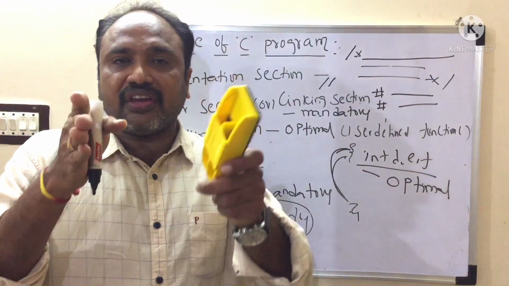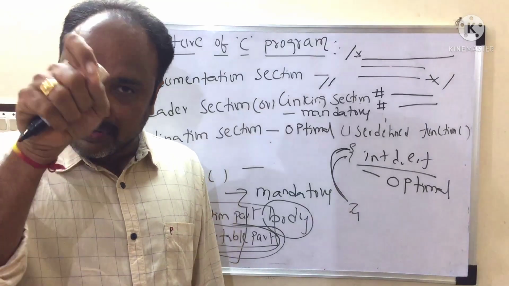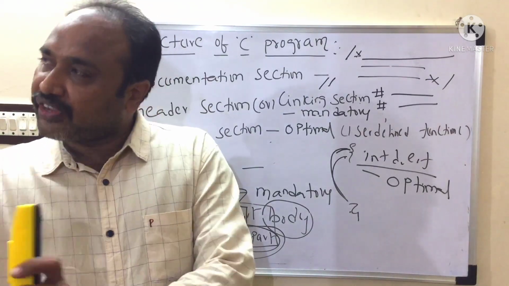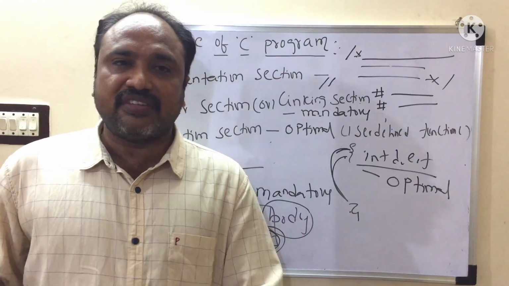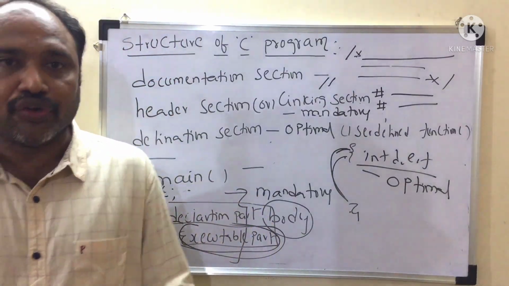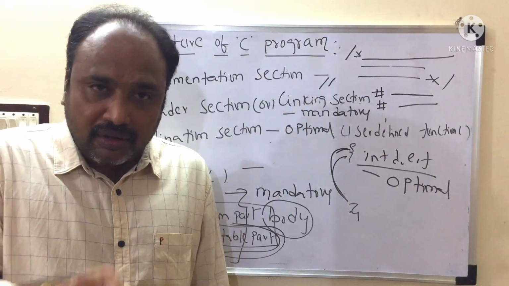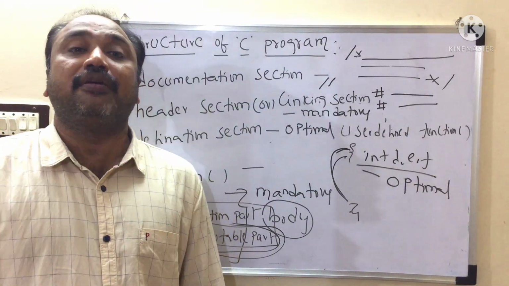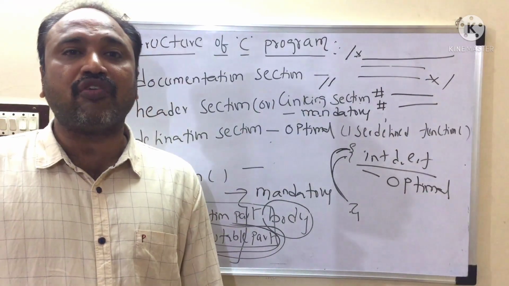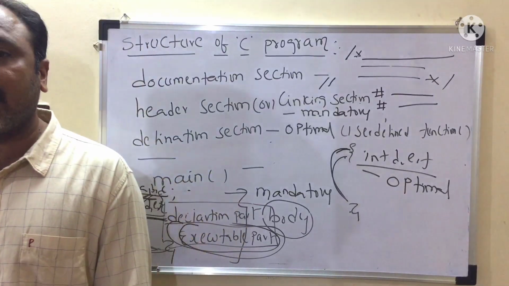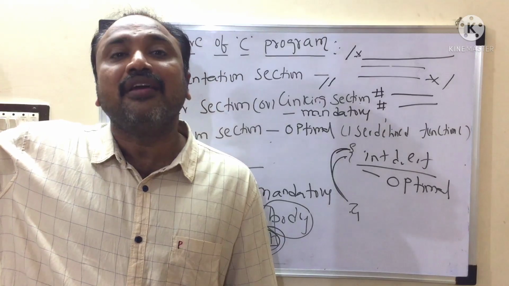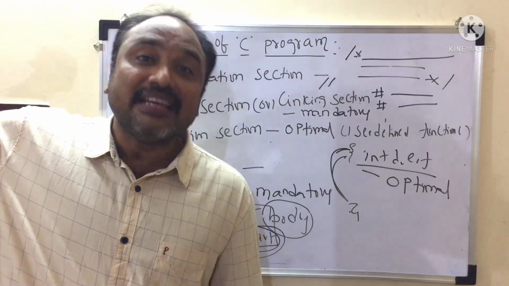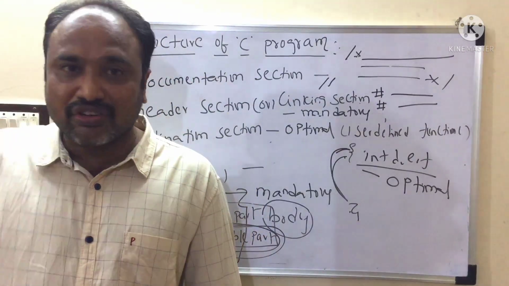Suppose you are residing in your house. Your brother's name is Srinu. Beside your house, your friend's brother is there. His name is also Srinu. If you call Srinu, who will respond? Your brother will respond because he is local to your house. If your friend calls Srinu, who will respond? His brother will respond because that Srinu is local to his house.